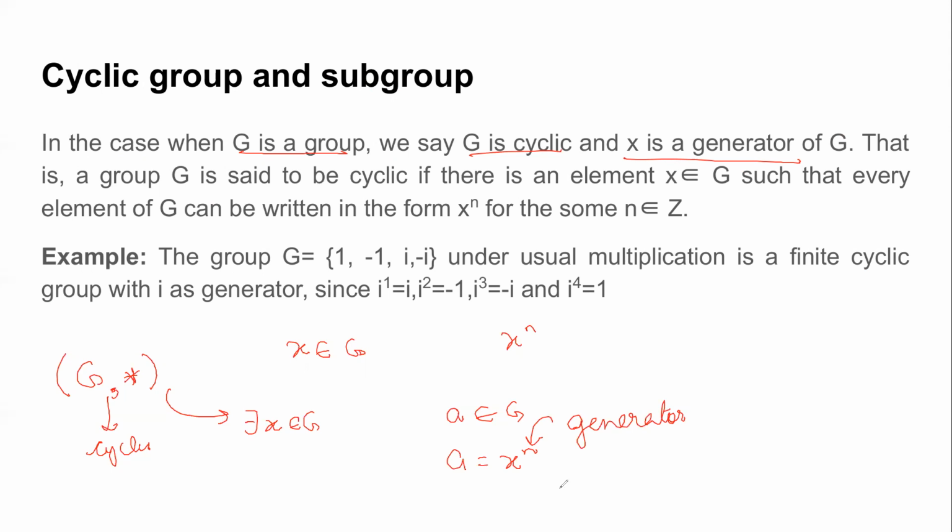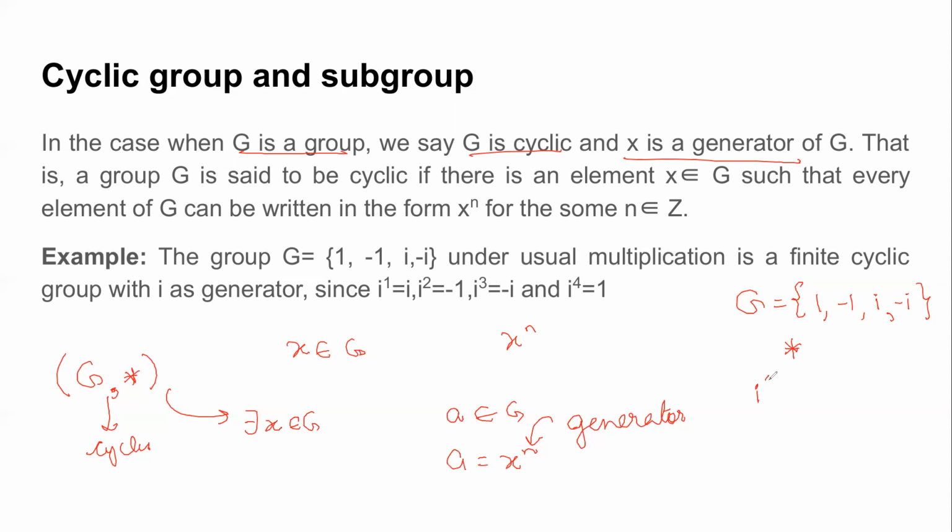Okay, I can give you a best example of a cyclic group. If you consider the set to be 1, minus 1, iota and minus iota, where iota is the imaginary square root of minus 1, and you consider it under the operation of multiplication, it is also a cyclic group. How is it a cyclic group?